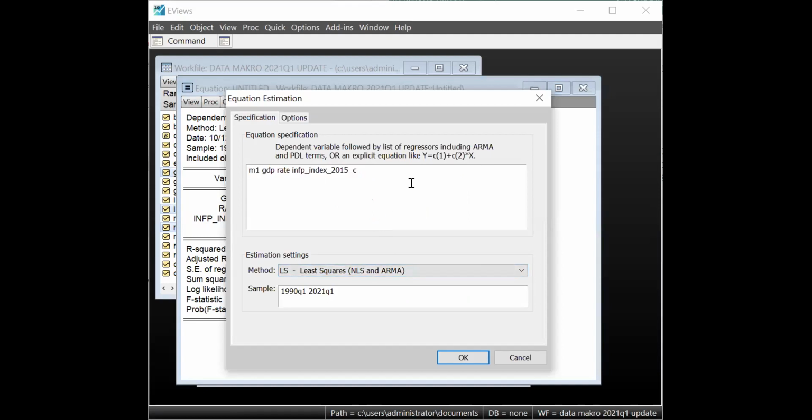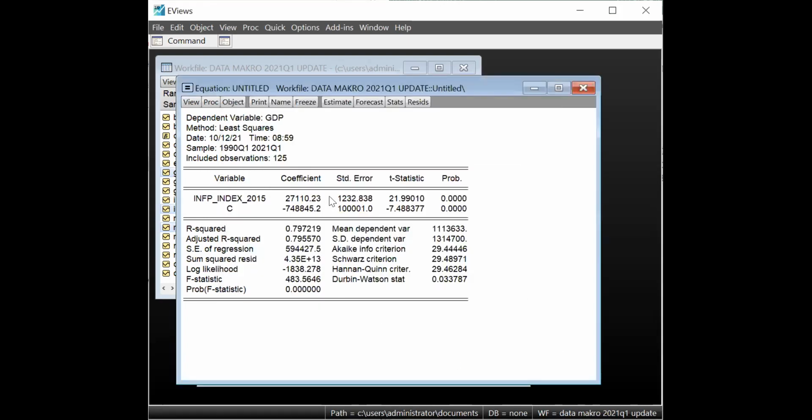GDP with inflation. Usually it is high correlation. For example here, this one is very significant. This is positive.